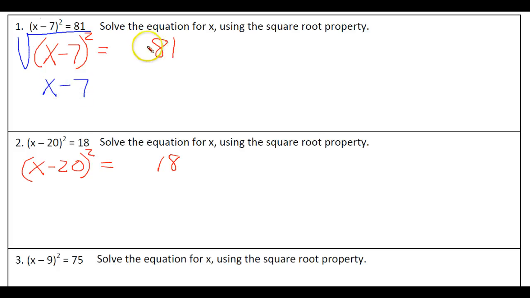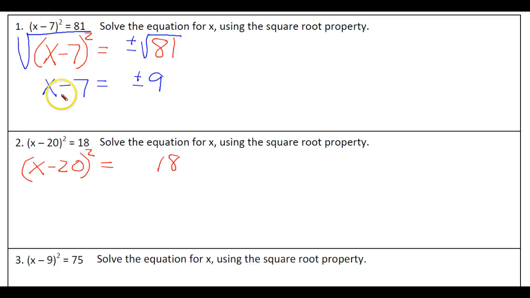Now, also in our lessons we said when we take the square root of this side, we have to go plus or minus the square root of what's there, so that we're sure to get both of the roots. So this gives us then plus or minus 9, since this is a perfect square.